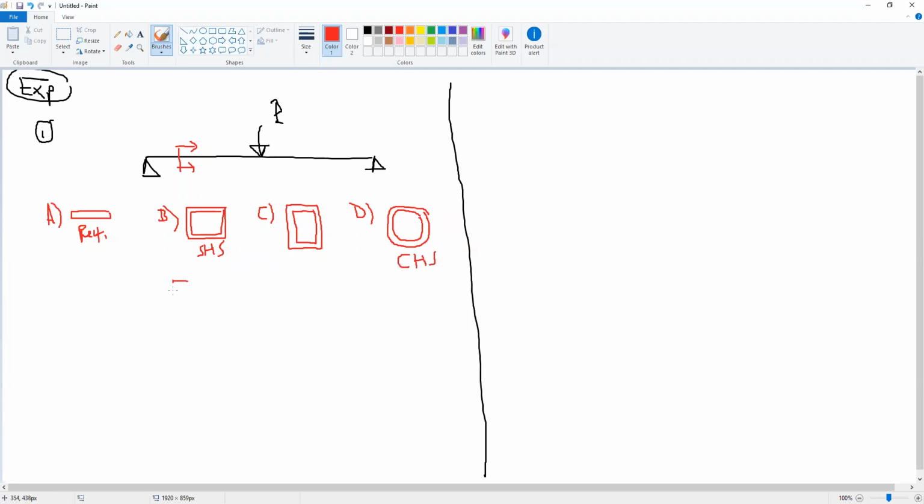And the final section is the C section, or channel section. So we will repeat the test 5 times to measure the deflection for each case.